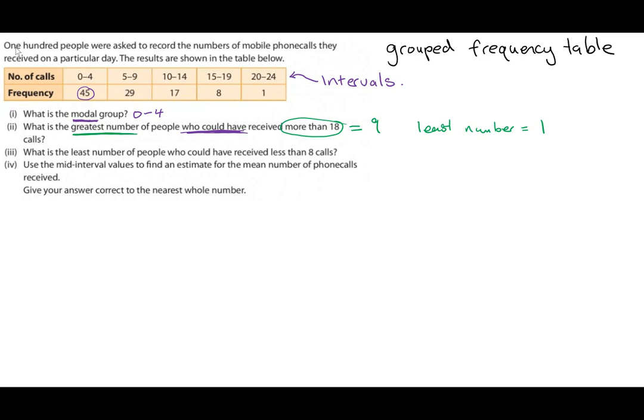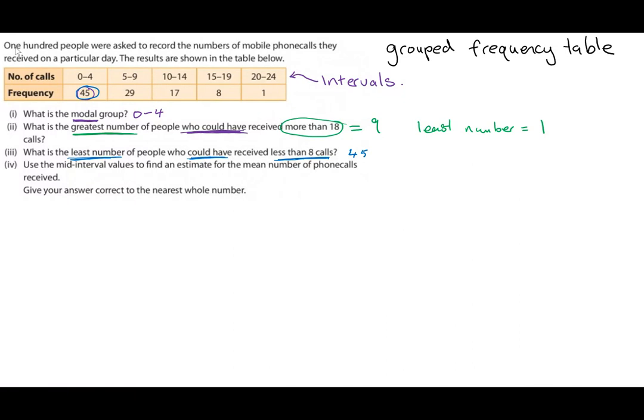Now we have: what is the least number of people who could have received less than 8 calls? So less than 8 calls. I definitely know there are 45 people. So that's a definite. There are definitely 45 people that received less than 8 calls.